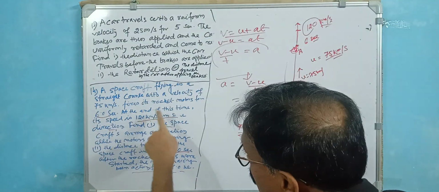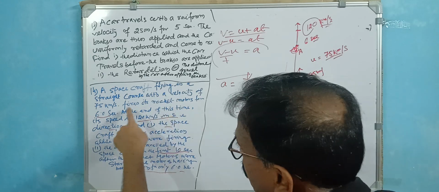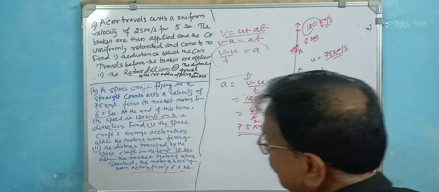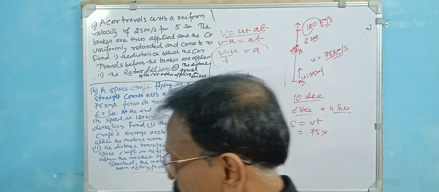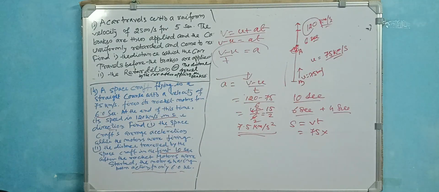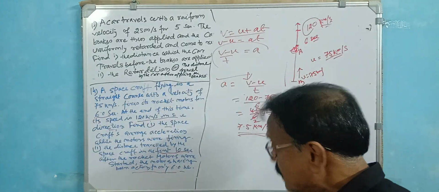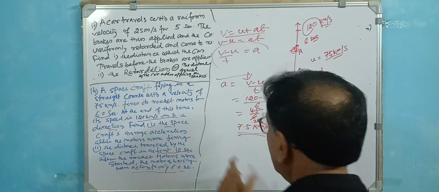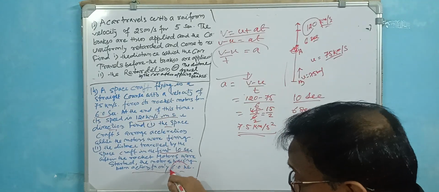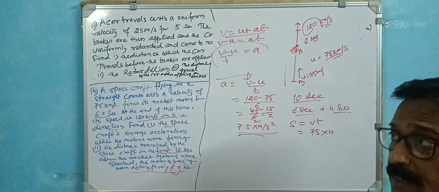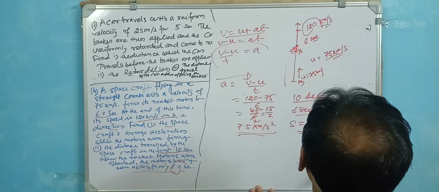Six seconds the rocket motor is fired, and the remaining 4 seconds is without this acceleration, starting from the 10 second mark. So 75.